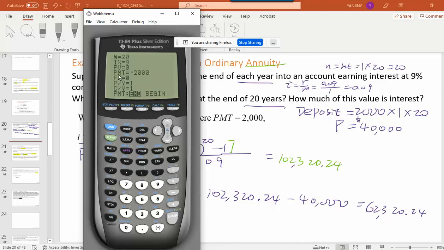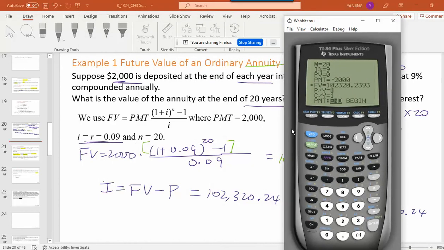And then we're going to come back to solve this one. So you input everything in here. Second alpha enter is solve. Look at that, alpha enter is solve. Did I get the same answer? Yes, I got exactly the same answer, 102,320.24.